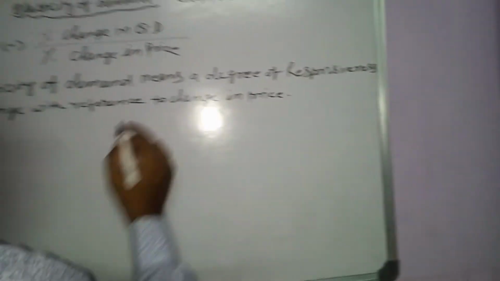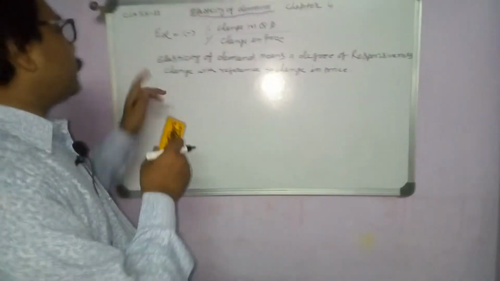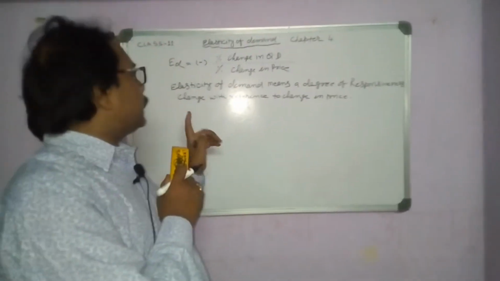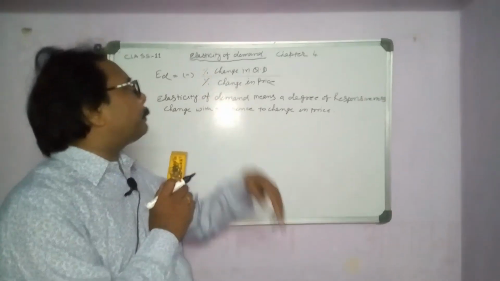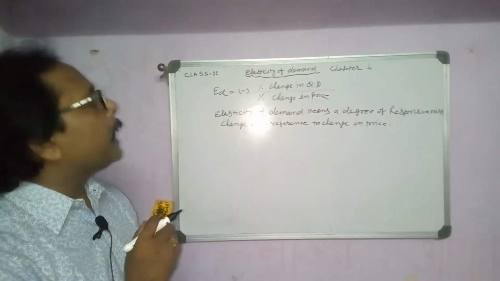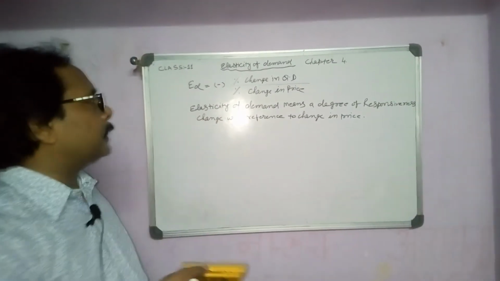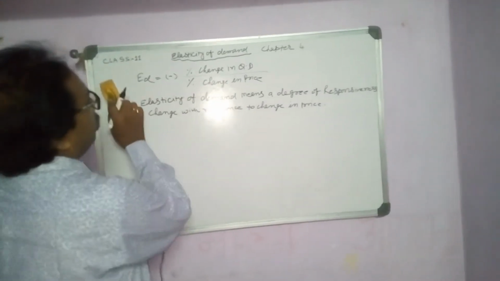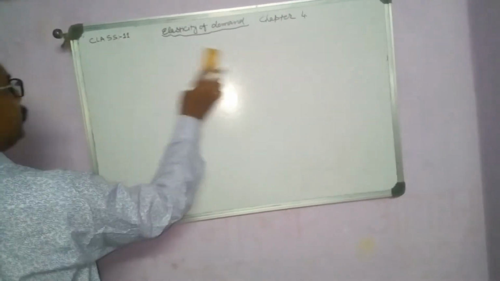So this is the bookish definition, but in a simple way we can say it is a ratio between percentage change in quantity demanded and percentage change in price. Is it clear? Now come to the measurement of elasticity of demand.